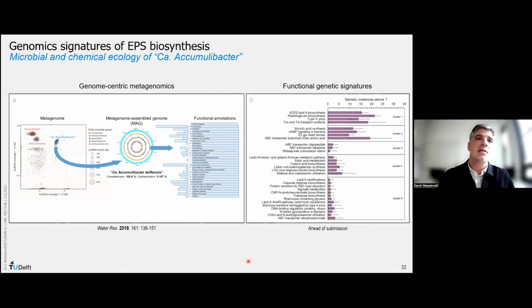Then with genomics, we can try to isolate the genome from the organism of interest, as I did here, and after quality control and completeness control, look at the functional categories. If you dig into the EPS, you will see that there are so many different types of functional categories and enzymes that can be involved in this EPS formation.